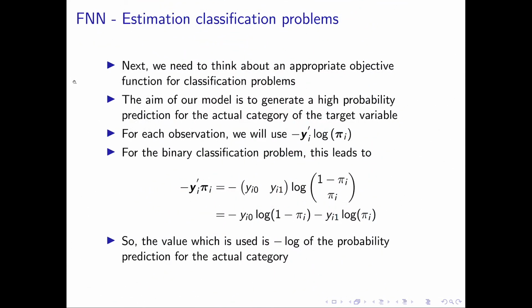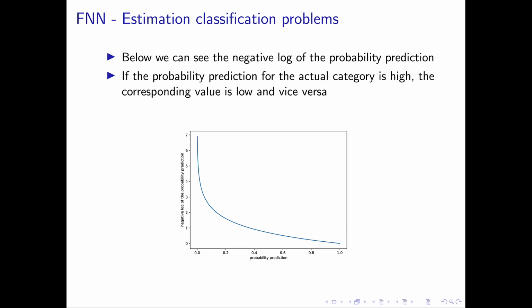I think it's really intuitive, because what we really only do here is that if we in reality observe that this is category 1, then we want to set the parameters of the model so that for this observation, the probability prediction that it is category 1 is very high.